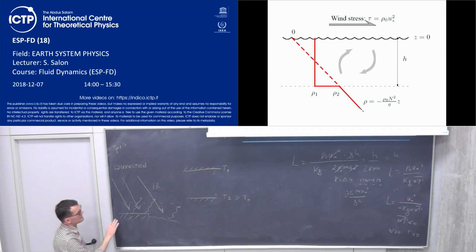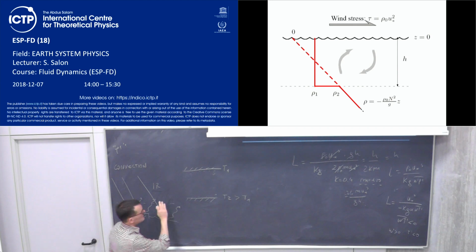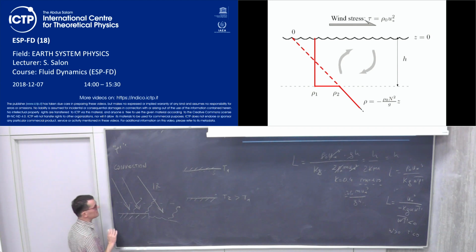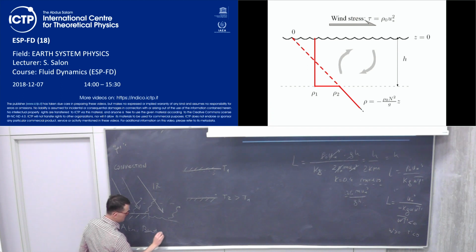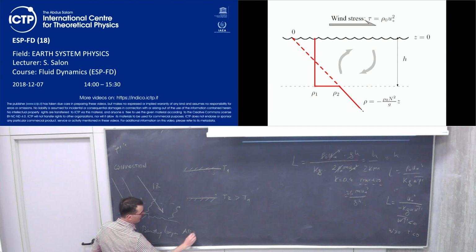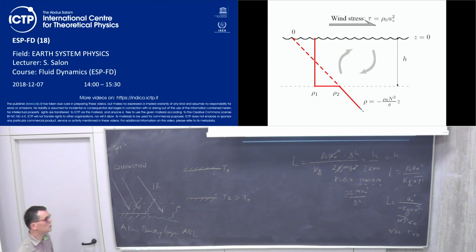And what happens is that if this is the case, we will always have a layer which is called the atmospheric boundary layer, or ABL, which during the day is always heated from below. So we have no mechanical action, there is no wind in this case.